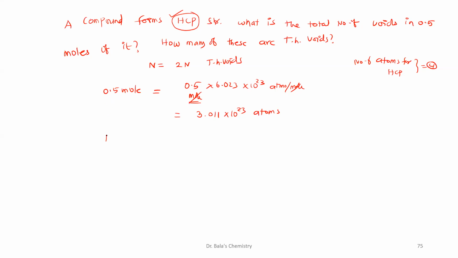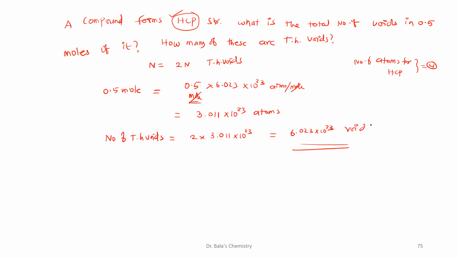What about the n number of atoms? If I have n number of atoms, n number of tetrahedral voids are what? 2 into 3.011 into 10 power 23. We solve this again, 6.023 into 10 power 23, sorry, voids, not atoms.